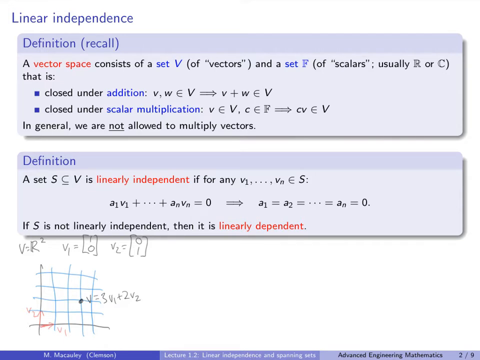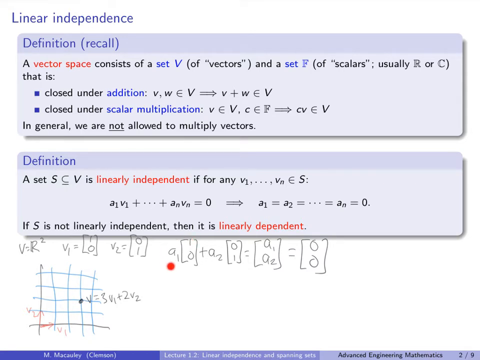If I try to write a1 times v1, that's (1, 0), plus a2 times v2, that's (0, 1), we can simplify that and write it as (a1, a2), and we can try to set that equal to 0. Independent means if an arbitrary linear combination of those vectors is equal to 0, then all of the coefficients must be equal to 0.